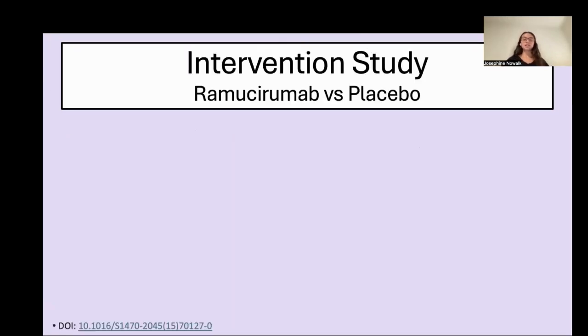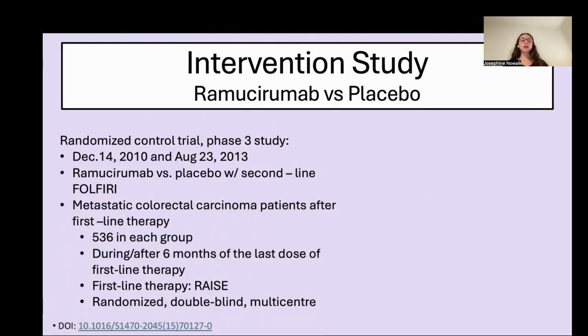So an intervention study that I found of ramucirumab versus a placebo was a randomized controlled phase 3 trial. This was done between 2010 to 2013. Each group, the ramucirumab and the placebo, both had second line treatment with FOLFIRI. The participants were metastatic colorectal carcinoma patients who had received first line therapy.